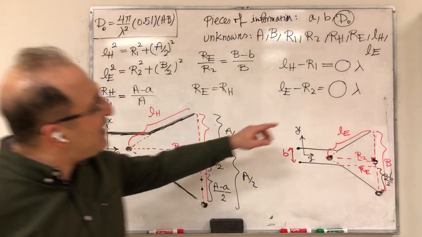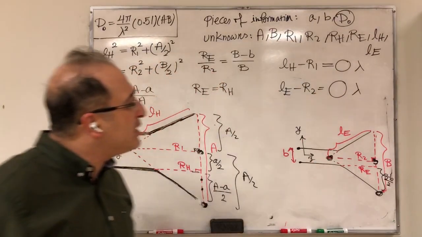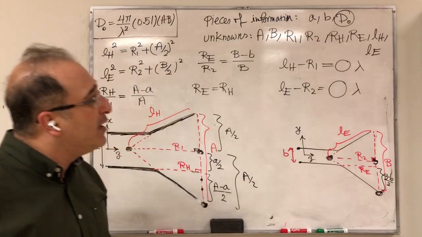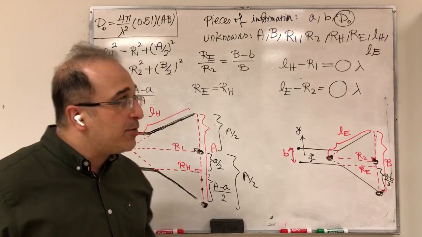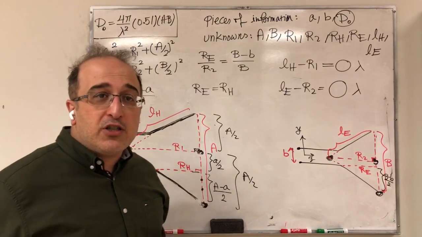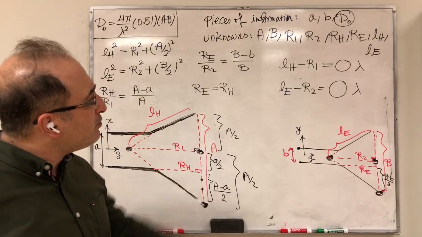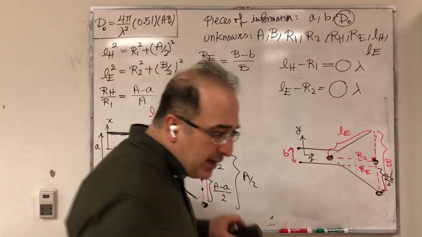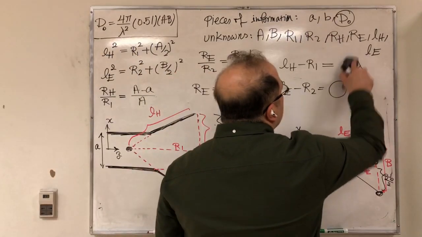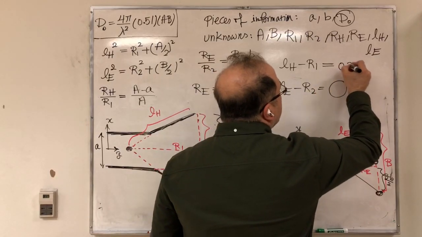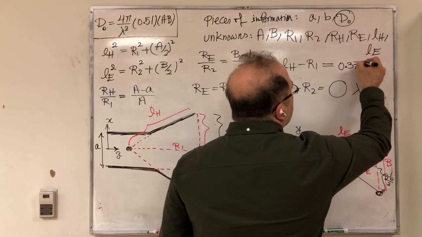And you expect that these two numbers that I'm going to write here shouldn't be too large. For example, you don't expect them to be 10 lambda, otherwise it's going to be so much different. You want them to be reasonably close. So for H, one reasonable number is 0.375 lambda.